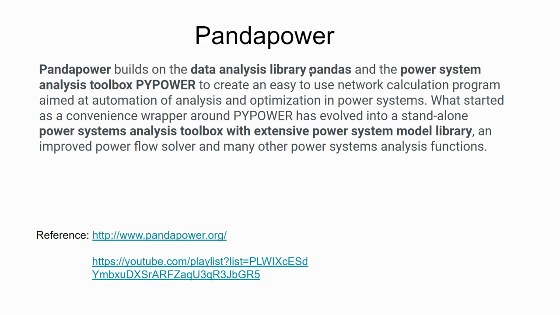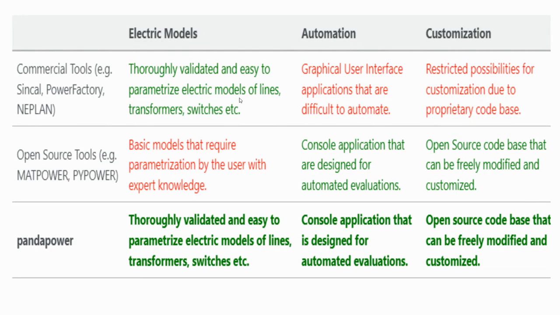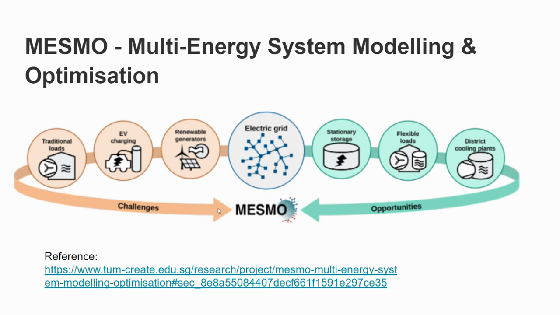It is a very useful package if someone is working on the optimization of power systems. Using Pandapower, one can also analyze and optimize different aspects of a virtual power plant. Here you can see different benefits of Pandapower compared to other tools. You can take a look at this.